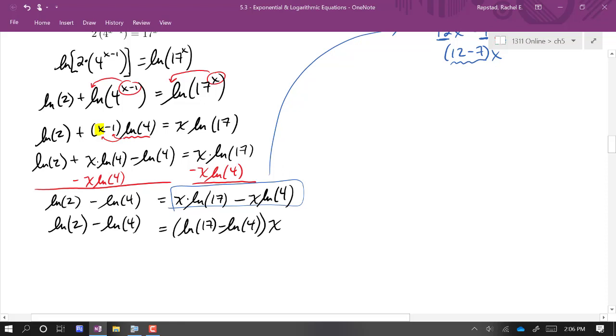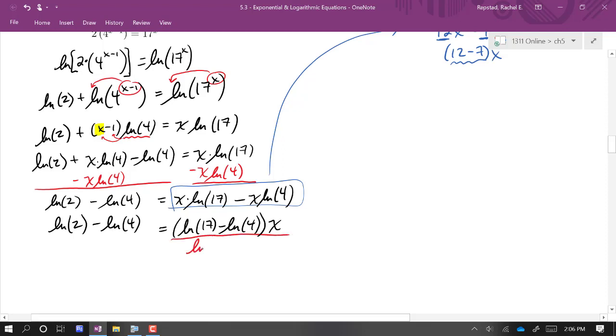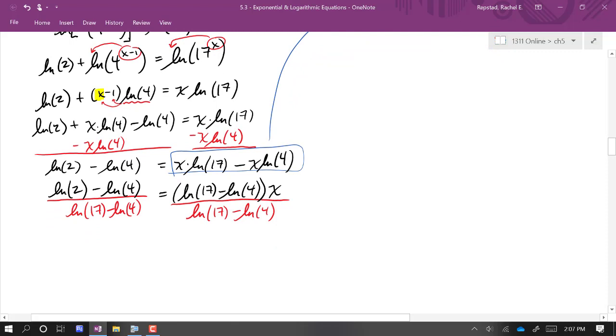And now we can solve for x. Just divide both sides by ln 17 minus ln 4. So as an exact value, we get the fraction ln 2 minus ln 4 divided by ln 17 minus ln 4. We have to be careful about how we put this in the calculator.